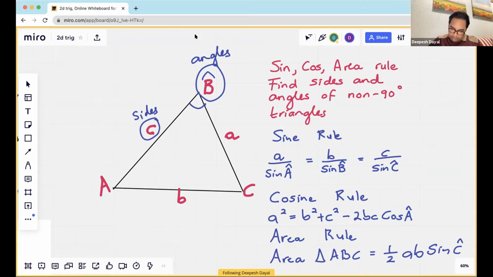So we get three rules here: the sine rule, cos rule, and area rule. Okay, three rules: sine rule, cos rule, and area rule.